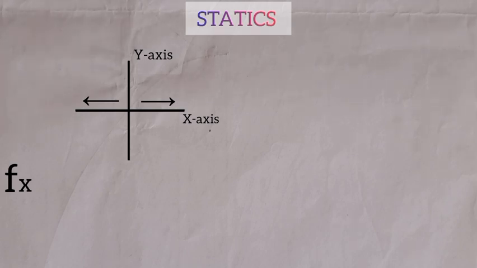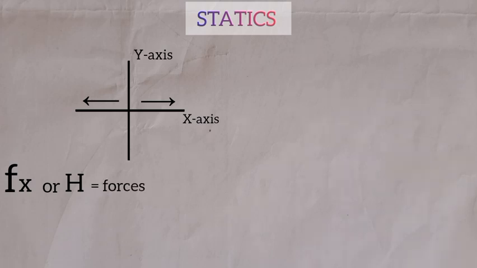That would mean force acting along x-axis, or you call it horizontal component. So when I say horizontal component, I mean either the force is facing right or it is facing left, depending on what is given.